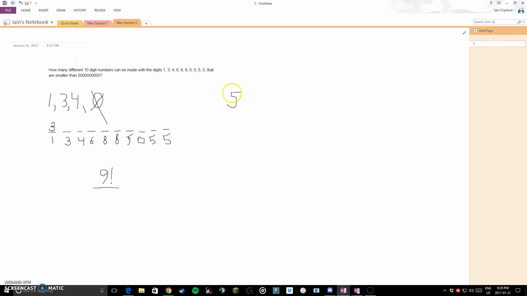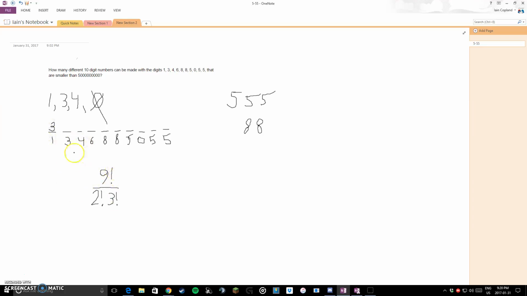So there are 3 5s, and there are also 2 8s, which means we need to plug these in under the 9 factorial to ensure that we get the proper answer. Because obviously having an 8 switch with the other 8, quote unquote, wouldn't make any actual difference to the number.